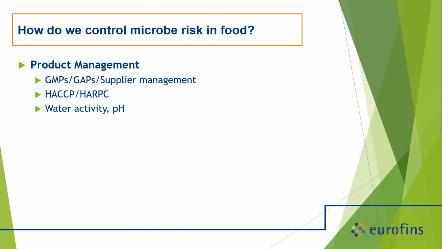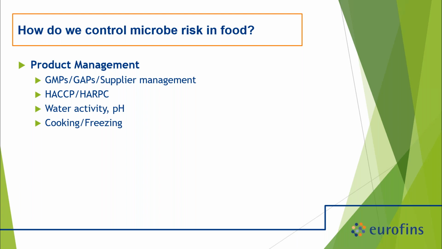We also control microbe growth with pH. A lot of things don't like to live at very low, acidic pHs or very basic pHs. So if we can design our food products to have low water activity and either very low or high pH, mostly it's low, we can control some growth as well.